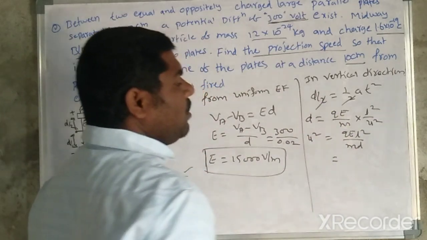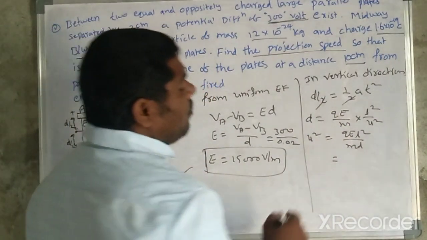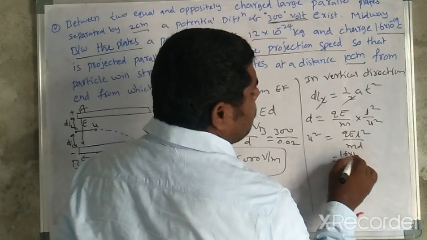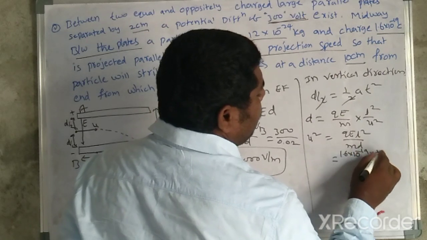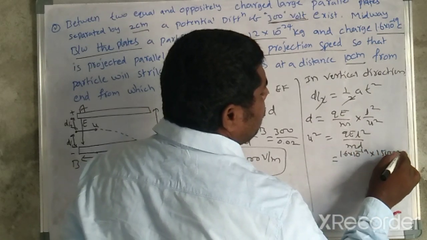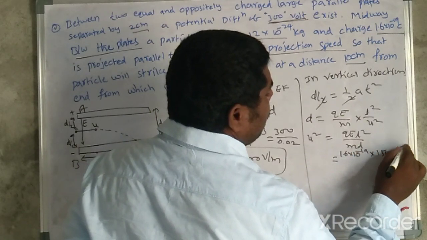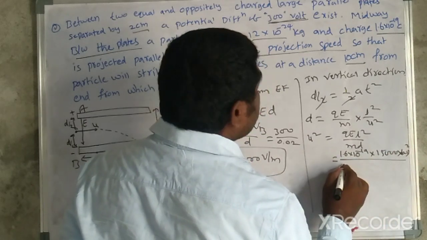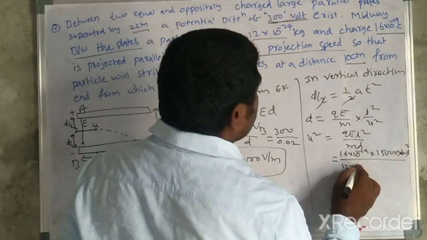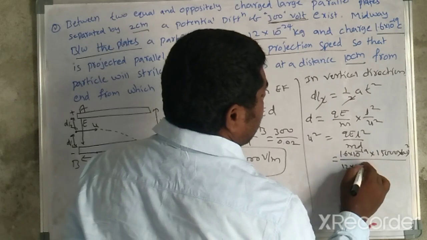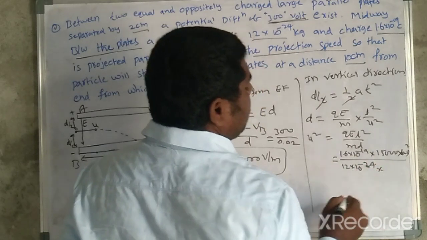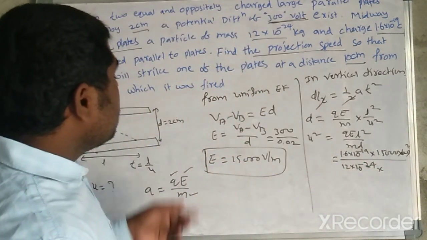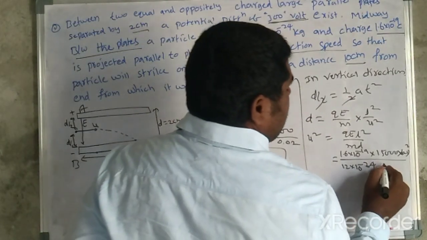Substituting the values: q is 1.6 into 10 to the power minus 19, E is 15,000, L is 0.1 whole square, divided by m, 12 into 10 to the power minus 24, into d, 0.02.